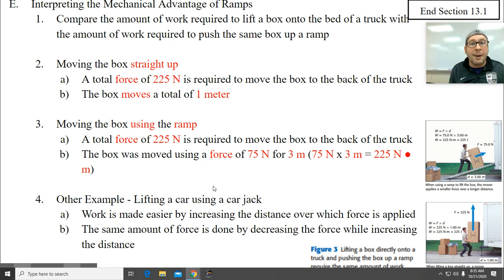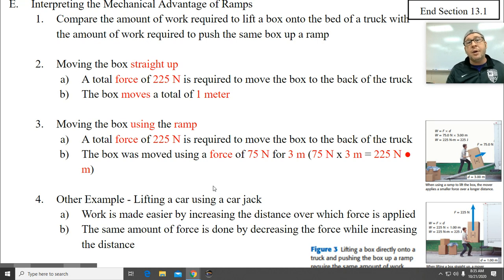Now, we use a ramp. I mentioned that it's going to reduce the amount of force that is going to be required of you to move it. So hopefully it saves your back. If you're an old person like me, it's going to save your back in the long run. So you're still going to need the same amount of force to move that box because that box weighs the same amount, 225 newtons.